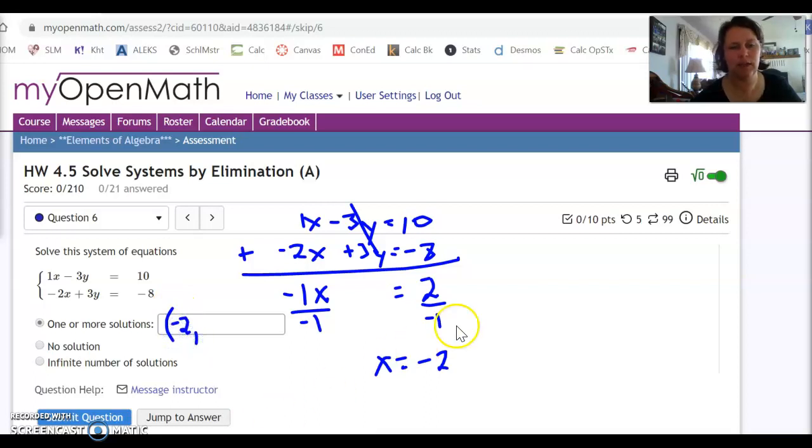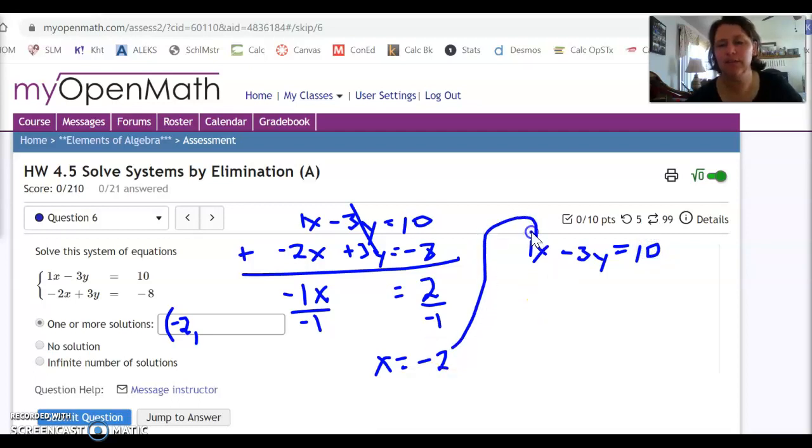They want this as a point. Then choose one of those equations. I'm going to choose the top one. So I have 1x minus 3y equals 10. And then I'm going to plug in negative 2 for x. So I have 1 times negative 2 minus 3y equals 10. So 1 times negative 2 is negative 2, minus 3y equals 10.